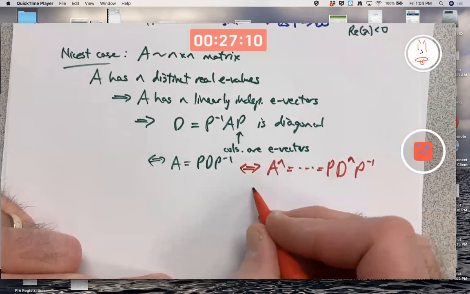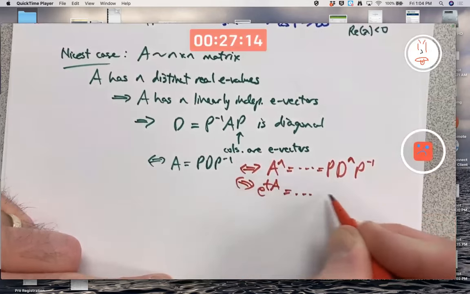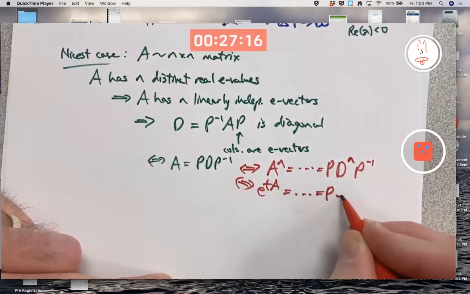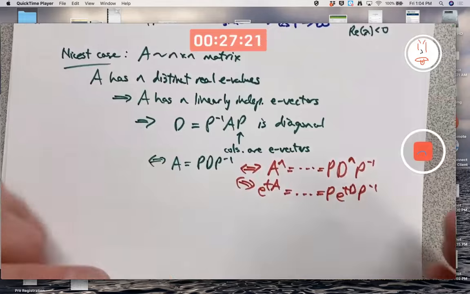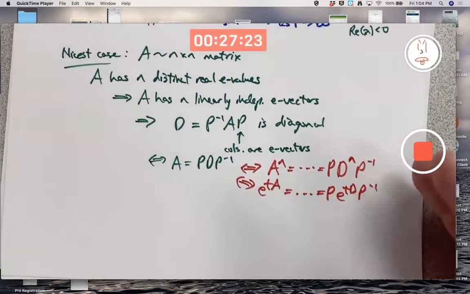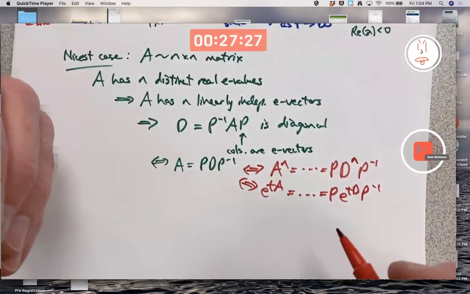And we can also say e to the tA is ultimately, after some work, P times e to the tD times P inverse. So all that stuff is so that you can compute these things more easily.